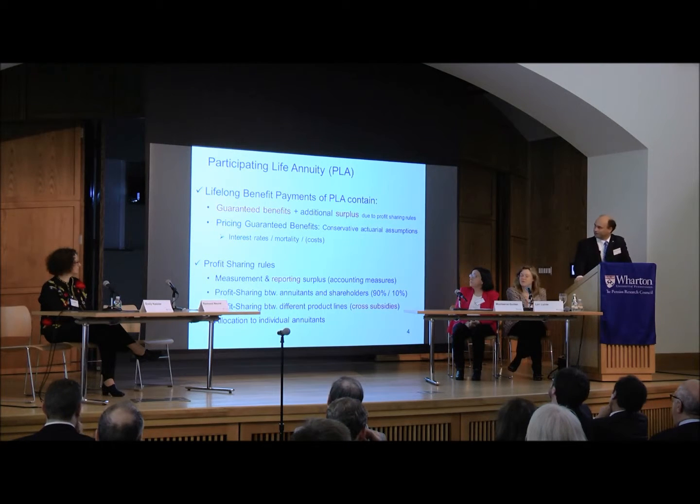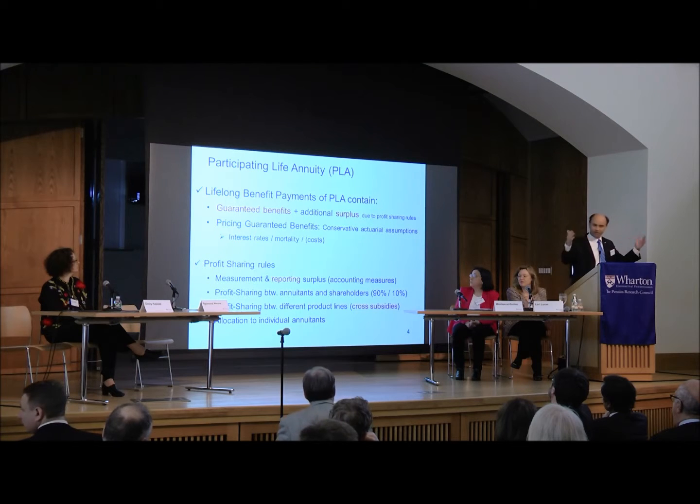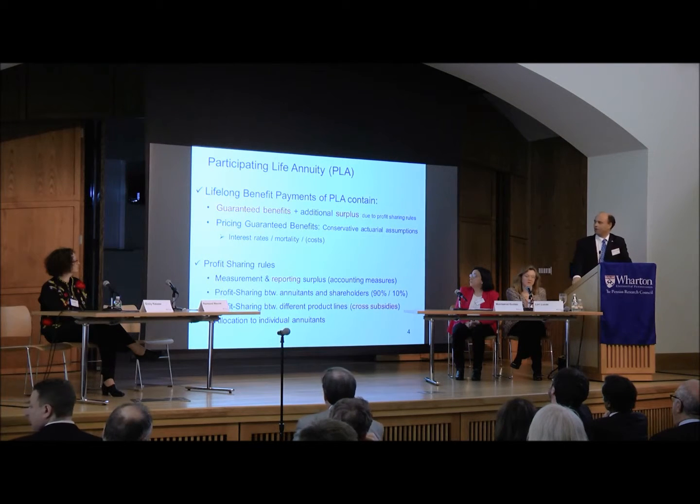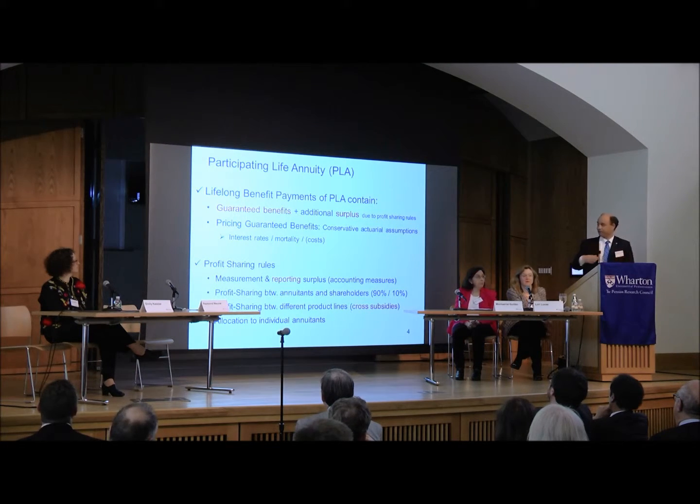The benefit of the participating life annuity has two parts. It's a guaranteed benefit, which is a guaranteed lifelong benefit for the rest of the life, plus an additional surplus. This is due to a profit-sharing arrangement between the annuitant and the life insurance company. The guaranteed benefit is typically calculated using conservative actuarial assumptions on interest rate and mortality.